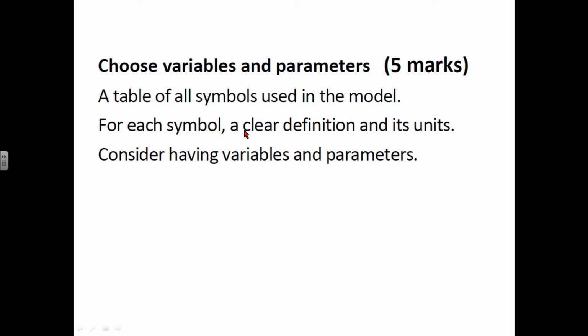For each symbol we're going to have a clear definition and we're going to state its units. Consider having variable and parameter lists separated, but if it becomes an issue, don't worry about it, just incorporate them all together. Look at other research reports and how they list variables.